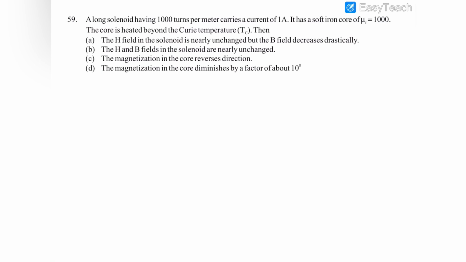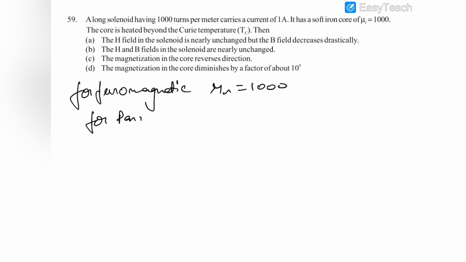So we know that iron is a ferromagnetic material, and for ferromagnetic materials, this is mu r, which is 1000, and for a paramagnetic material, we know that it has a mu r which is approximately between 1 and 2. So let us assume that it is 2.